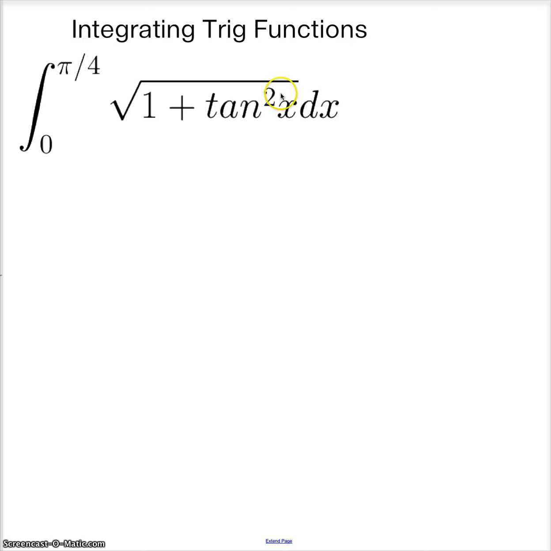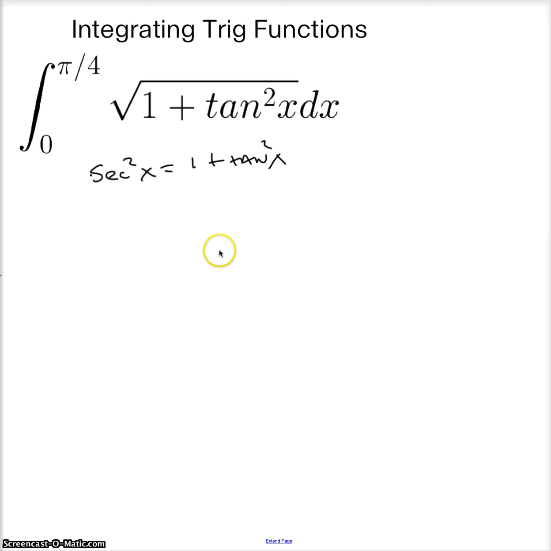Okay, now what do you do when you're trying to integrate trig functions like this? Can I do a u substitution? No. I don't have anything in the denominator. What if I use an identity? Sometimes you're going to have to use identities. What if I say that secant squared x is 1 plus tangent squared x?